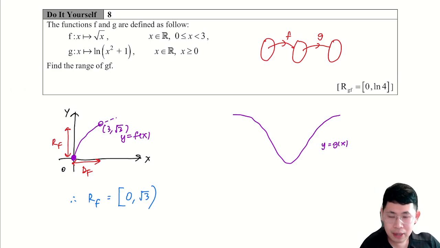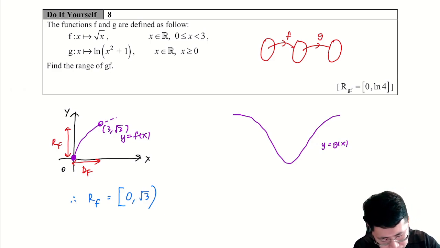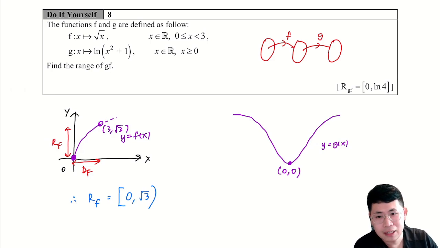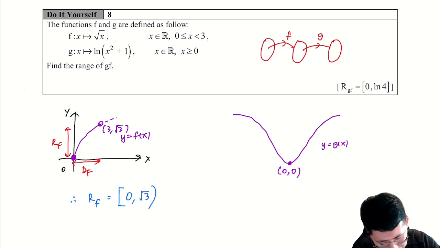With this, let us sub in and restrict the domain following the Rf. Over here we have 0, so 0 will give me (0, 0). Using your GC, you can sketch this graph. When you sub in root 3, at some point over here, you will get the coordinate (3, ln 4).